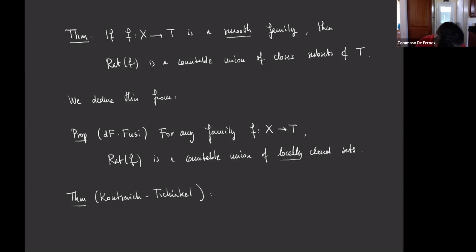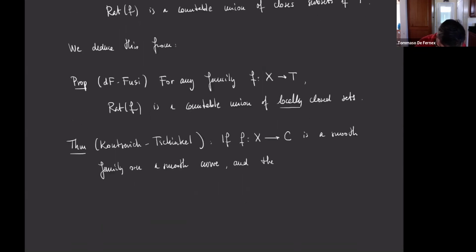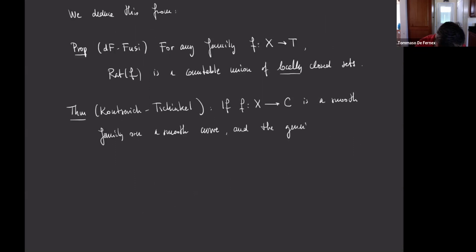It says: if f from X to C is a smooth family over a smooth curve, and the generic fiber, X_eta, is rational, then so is every closed fiber.